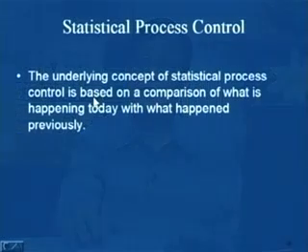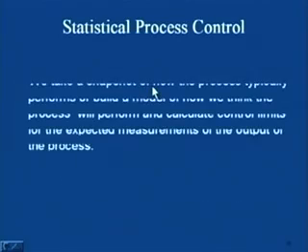This is basically the concept of SPC: we check what is happening today against what happened previously, and we compare. If what is happening today is exactly the same or only minutely different from the earlier, we are still in a state of control.